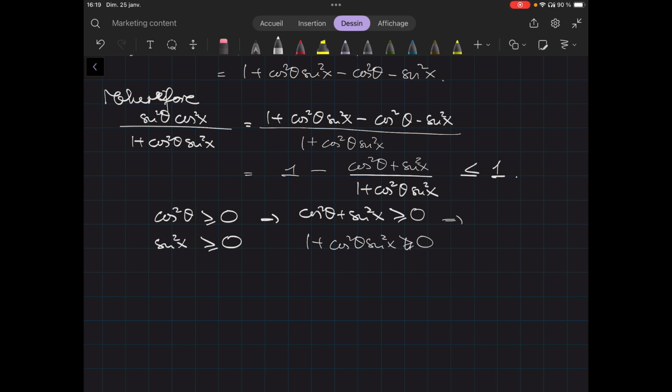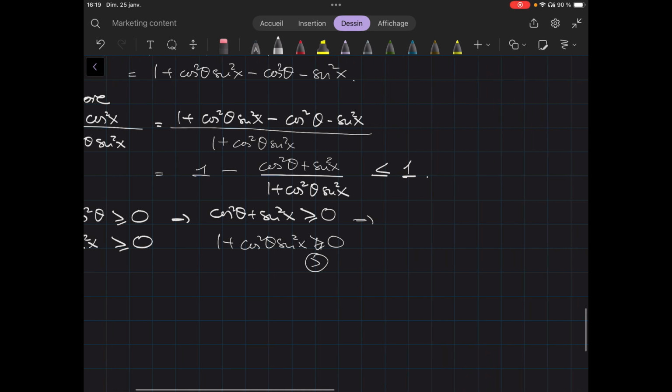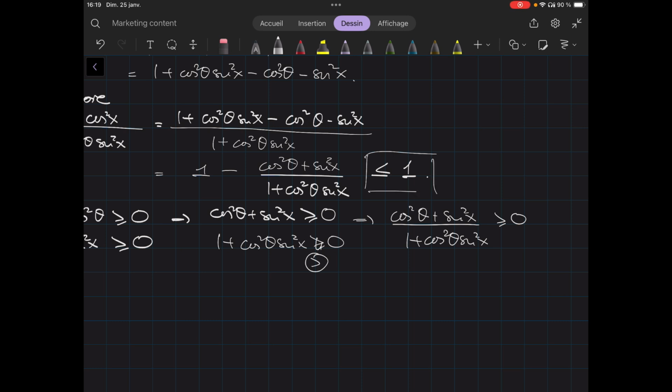Actually, this has to be greater than 0. Therefore, the quotient is also greater or equal to 0. So we have 1 minus a positive number, which has to be less than or equal to 1. Done.